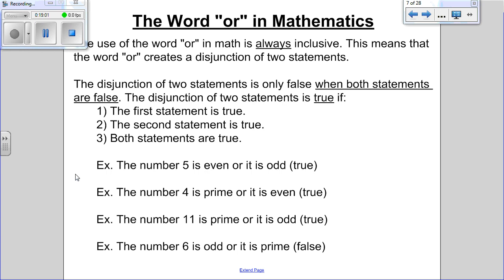The way we use it in math is inclusive, meaning that we say this is true or this is true. So we could say something like the number 2 is even or the number 2 is odd. Like one of these 2 things could be true. You don't need to worry about getting tricked on that stuff. They're not going to throw something at you like this happens or that happens.